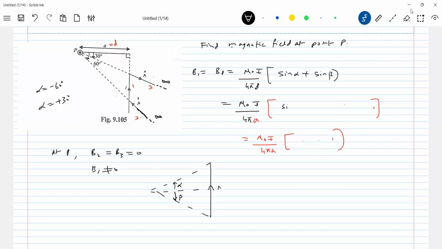So this will be sine of minus 60 plus sine 30. Just be careful about that. So total will be mu naught I by 8 pi a, 1 minus root 3. Okay, this should be the answer.